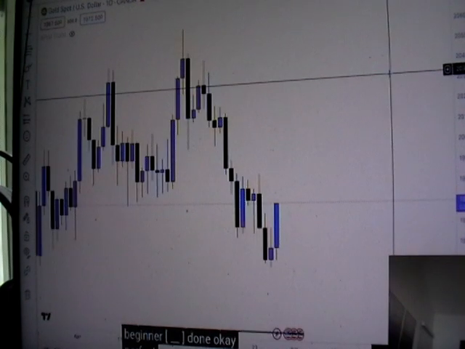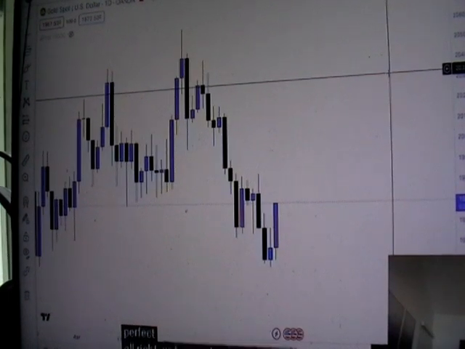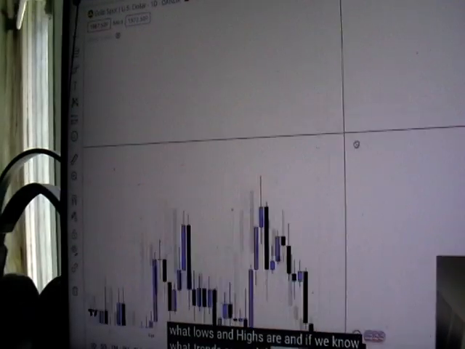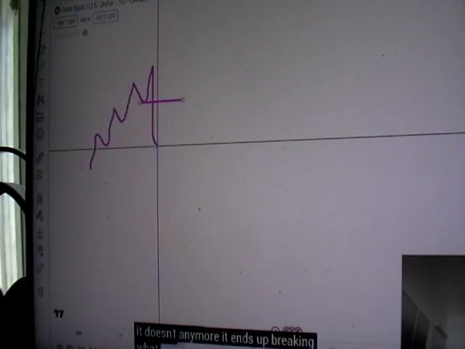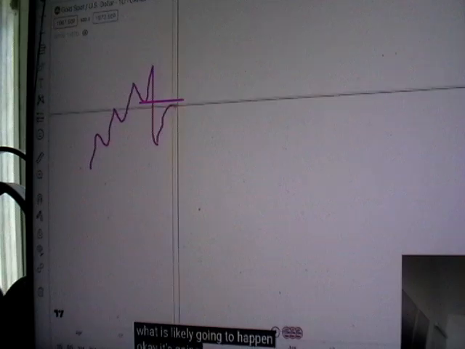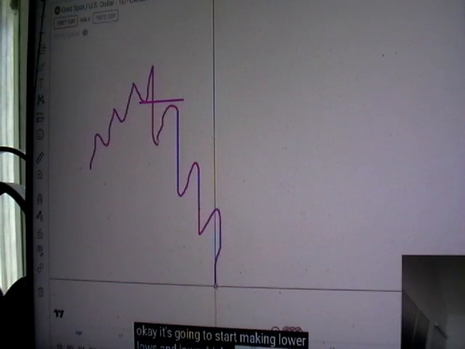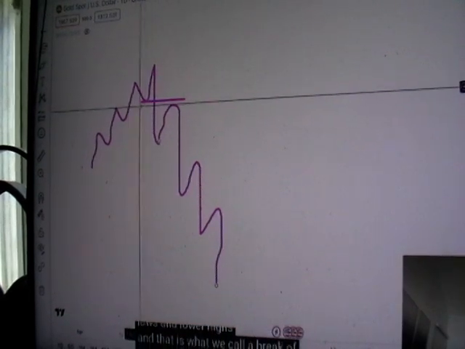We know what lows and highs are, and if we know what trends are, and if we know what lows and highs are, then we can know when a trend breaks and when market structure shifts. Why? Because an uptrend moves in higher highs and higher lows, but then it doesn't anymore. It ends up breaking. What is likely going to happen? We need to understand how that works. It's going to start making lower lows and lower highs. Oh yeah? That is what we call a break of structure.